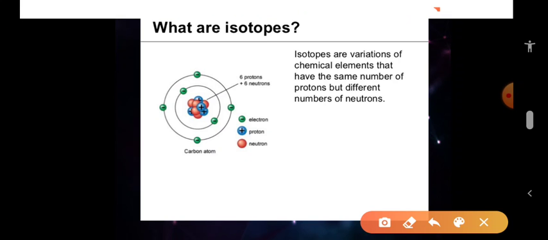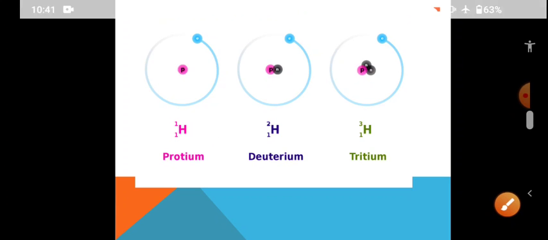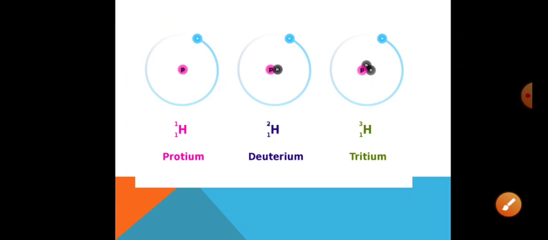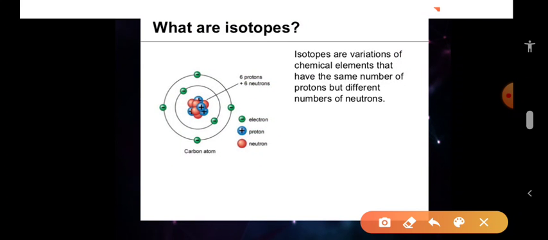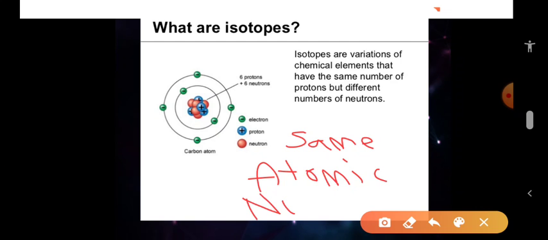Isotopes means same atomic number but different mass number.